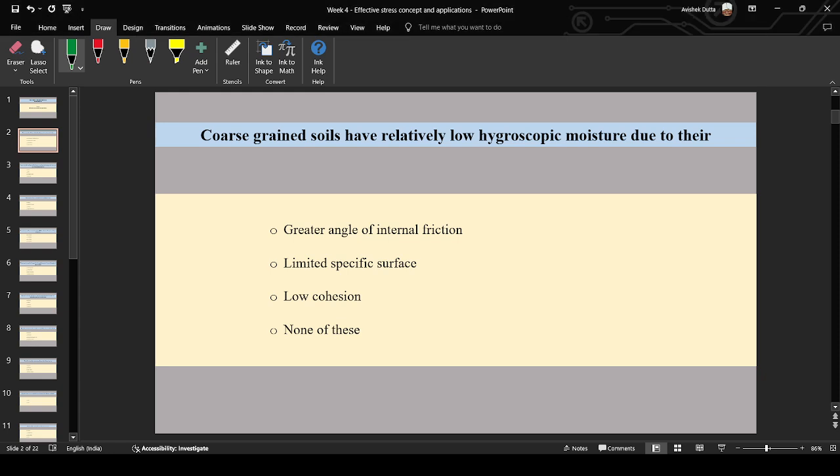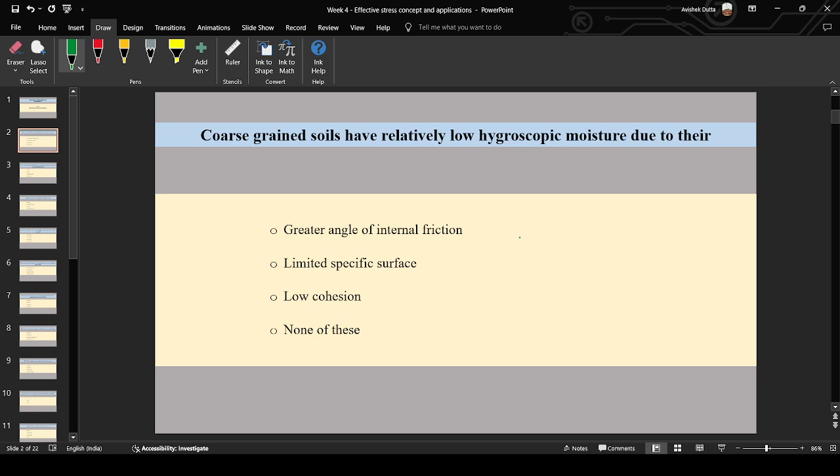See, hygroscopic moisture is the water that is being absorbed on the surface of the soil particles.